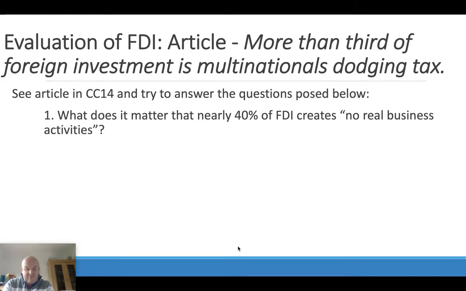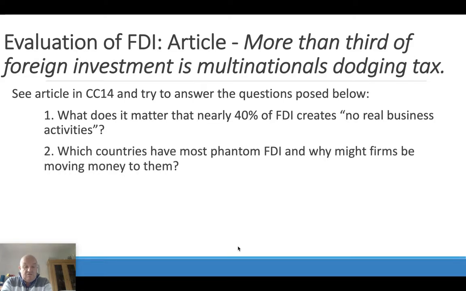Okay, so why does it matter that nearly 40% of FDI creates no real business activities? These are sort of questions that I'm not necessarily saying that you're going to get asked, but it is something to bear in mind. And taking a look at the content that's included in that article should help you to be able to answer this particular question. Which countries have most phantom FDI, and why might firms be moving money to them?